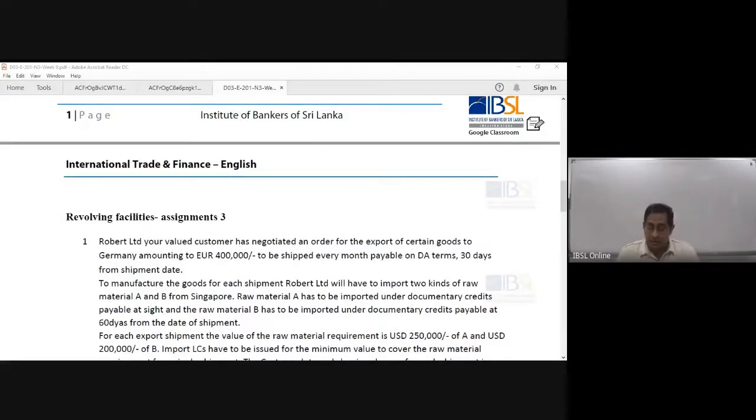If the payment is not made as agreed, now importer study for himself, that's the risk, right? If the payment is not made as agreed, the exporter can initiate legal proceedings against the importer. That's other risk too.